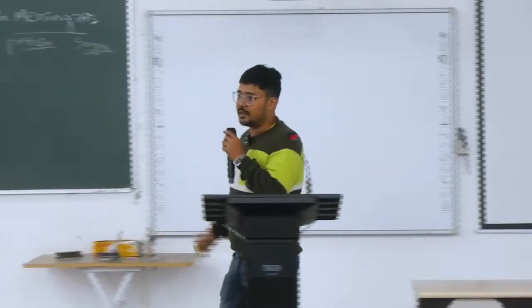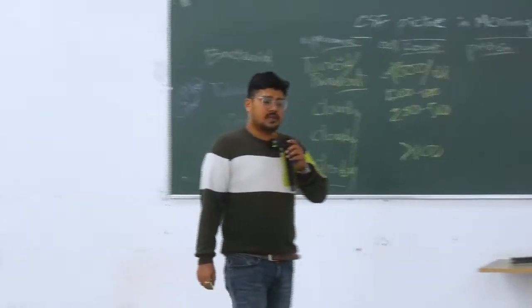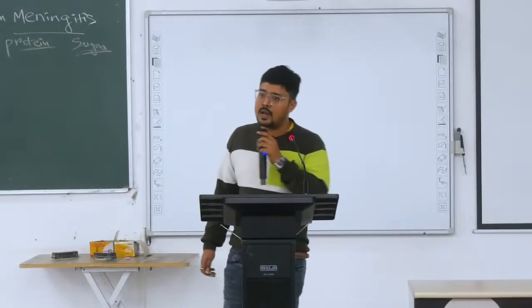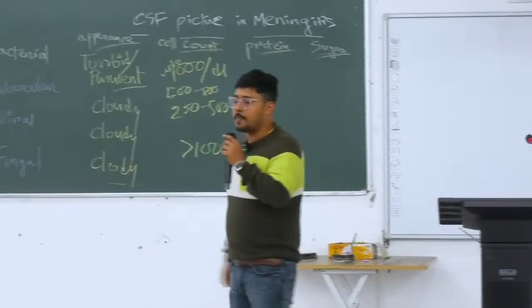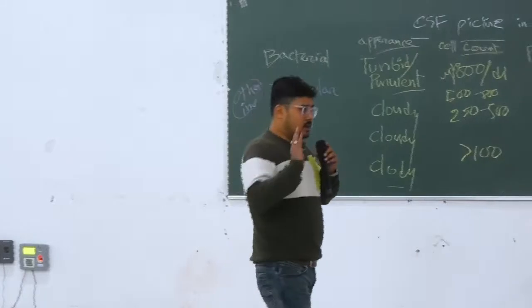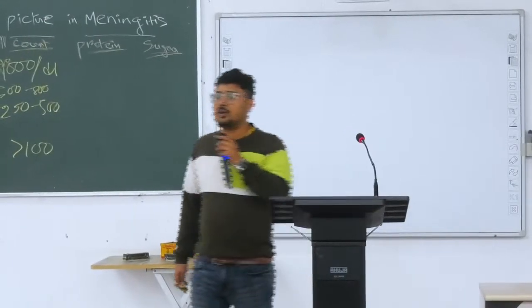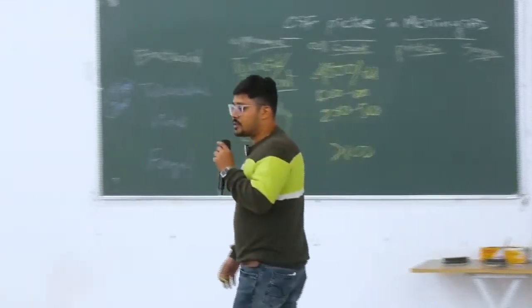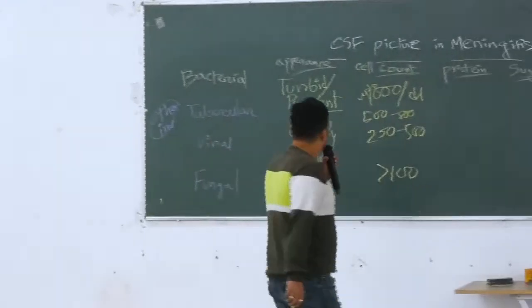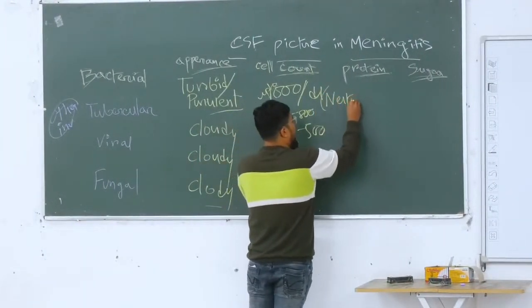And now the type of the cells. In a normal adult or infant, the cell count is up to 5 in a young adult and up to 20 in an infant and early adolescent. Coming to the types of cells, the cells are mostly lymphocytes and monocytes. But in bacterial meningitis, the population is predominantly neutrophils.